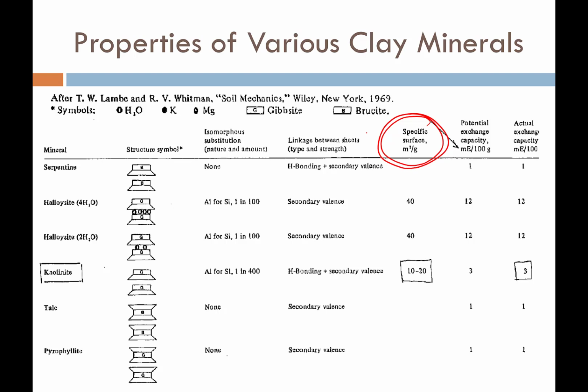Specific surface: the way I like to think of it, if you were to take one pure gram of that material without any impurities, let's use halloysite as an example, and you were to pound it with a hammer completely flat, this number tells you the surface area in square meters that you would have from that one gram of material.